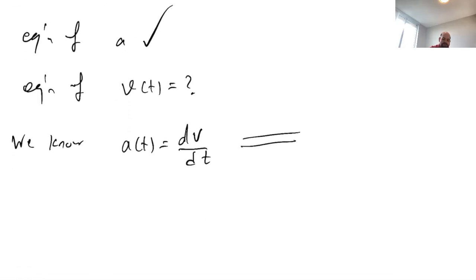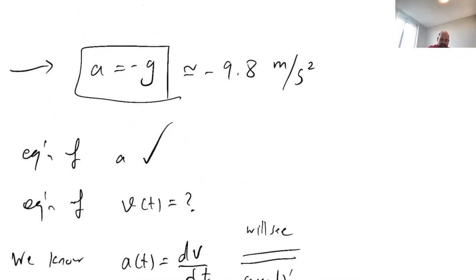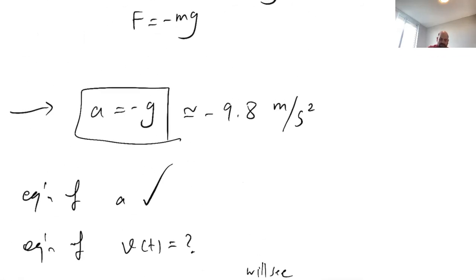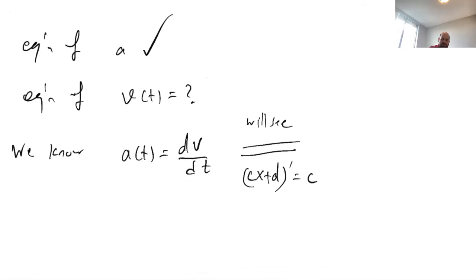We will see that the derivative of, let's say, cx plus d is c. After this topic, I'll tell you about the derivative rules. We'll see that the derivative of a function like cx plus d is c. So now here the derivative is c, which is minus g here. So what should be the original function?